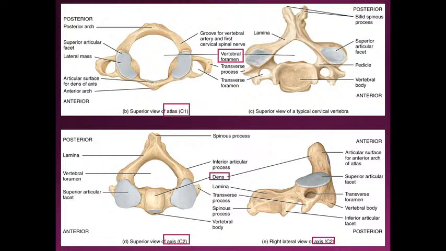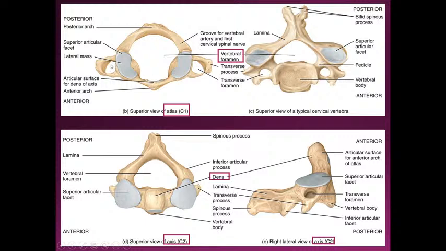All right, so we should just know at this point that Atlas was the Greek mythological figure who carried the world on his back. All right, and so C1 is the first cervical vertebra, and it carries the skull on top of it, right? It supports the skull. So it's very important for this region. The skull contains our brain, and our brain is basically, yes, our entire world.